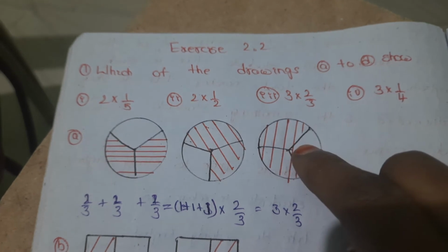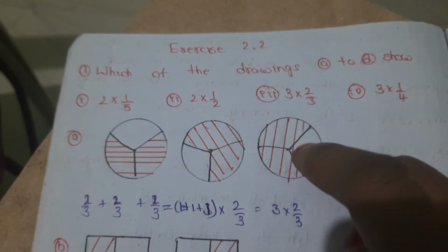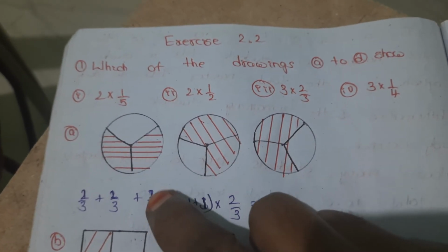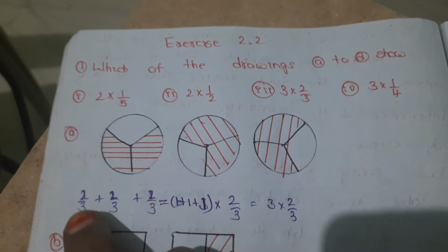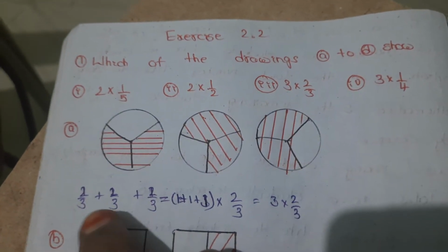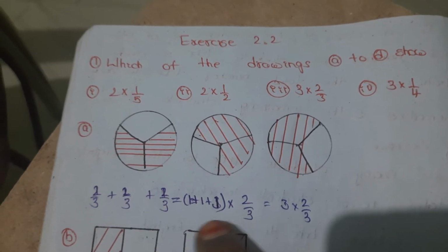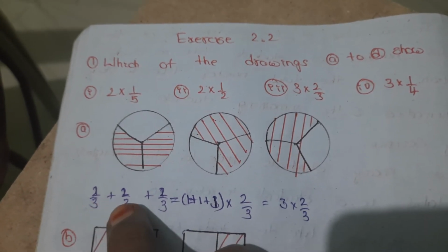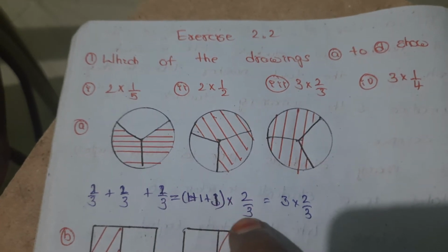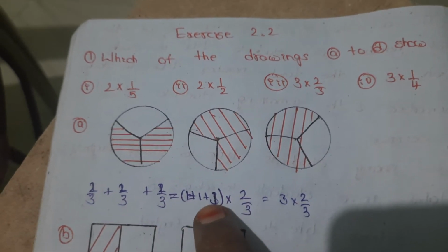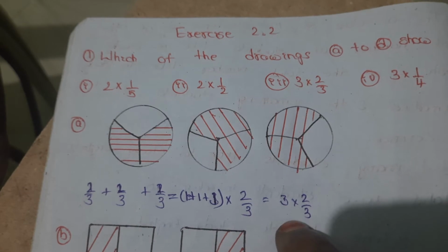And in this diagram also, 2 portions are shaded. Therefore, it is also representing 2 by 3. Here we have the same type of 3 fractions, therefore I take this common. That is 1 plus 1 plus 1 into 2 by 3. Here 1 plus 1 plus 1 is 3 into 2 by 3.